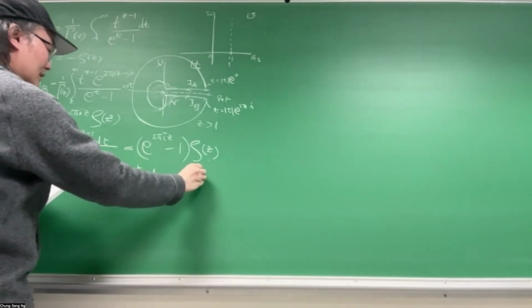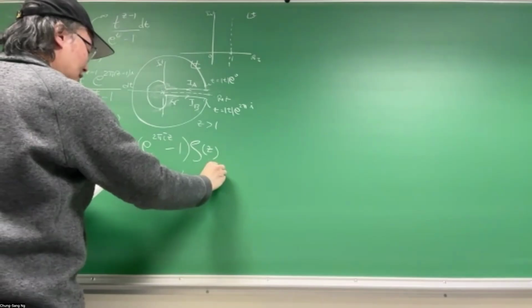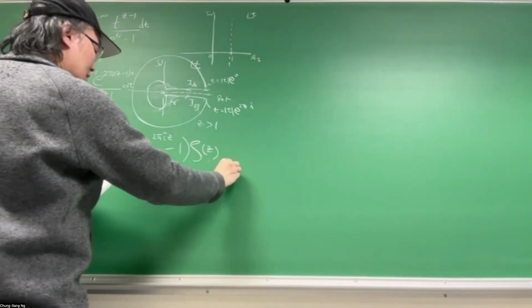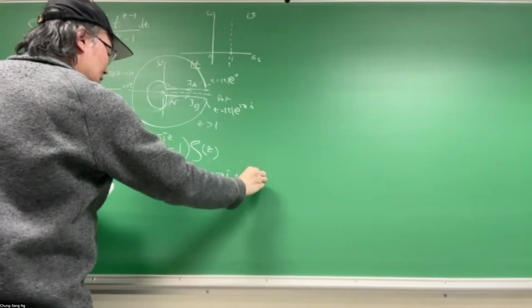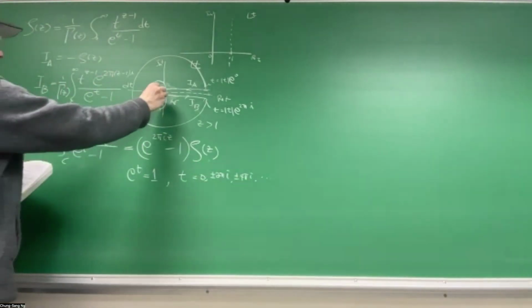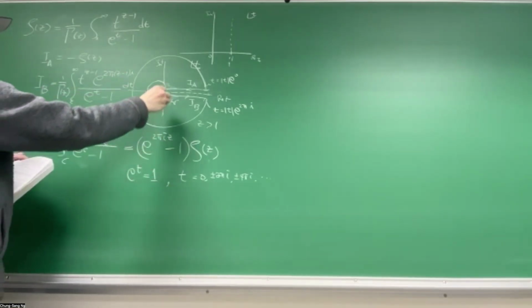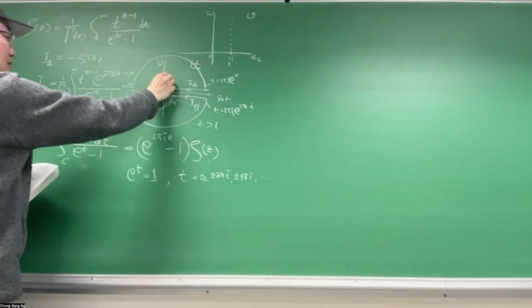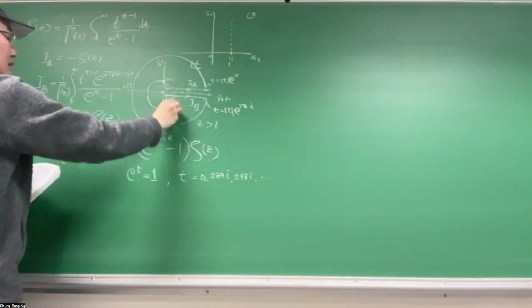But 0 and 2 pi I, plus or minus 2 pi I, 4 pi I, etc. Right? So the 0 doesn't matter because we are avoiding that anyway. So we don't want the contour to hit, say, 2 pi I and minus 2 pi I and so on.